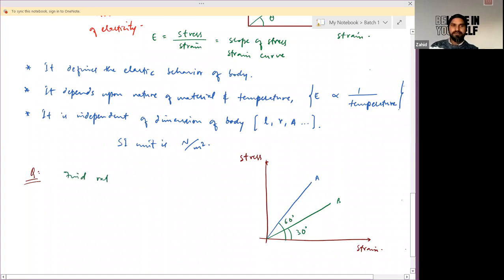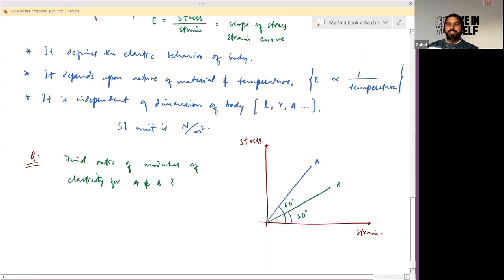Find the ratio of modulus of elasticity for A and B. Try to solve.